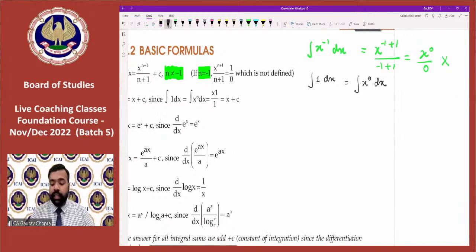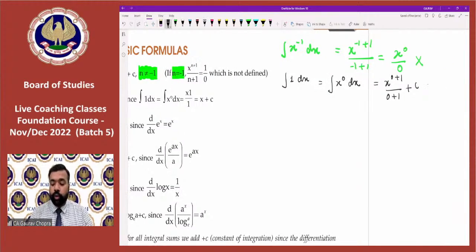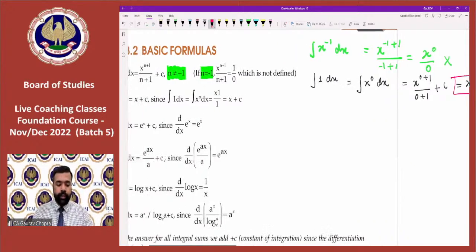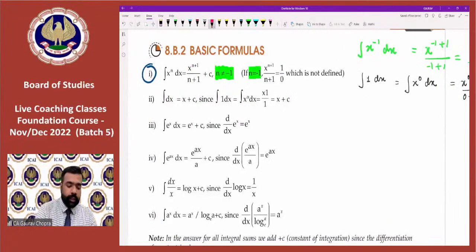While integrating, we know that we have to increase the power by 1 and divide it by the same power and then add the constant. So what is the result? It is simply x plus c. So integration of 1 is equal to x plus c. All right. So this becomes the second formula.